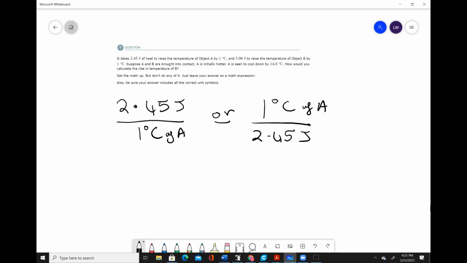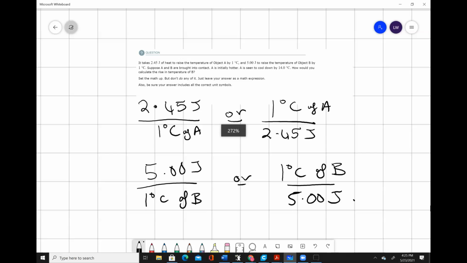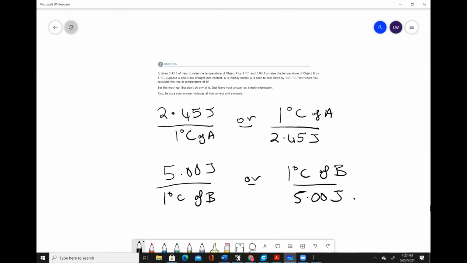So that's the first one, and then we've got another one. It says it takes 5 joules to raise the temperature of object B by 1 degree Celsius. So for every 5 joules you put in, you raise the temperature of B by 1 degree Celsius, or for every 1 degree Celsius that you want to raise the temperature of B, you got to put 5 joules of energy in. So we've definitely got two conversion factors here.